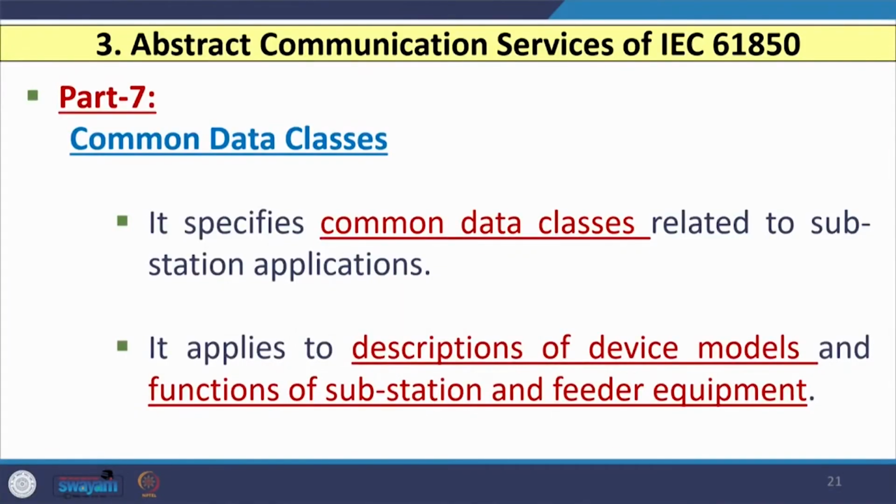Then there are common data classes, in which they have specified the data classes related to substation applications. This also applies to descriptions of device models and functions of substation and feeder equipment. These are also covered in part 7 under common data classes.